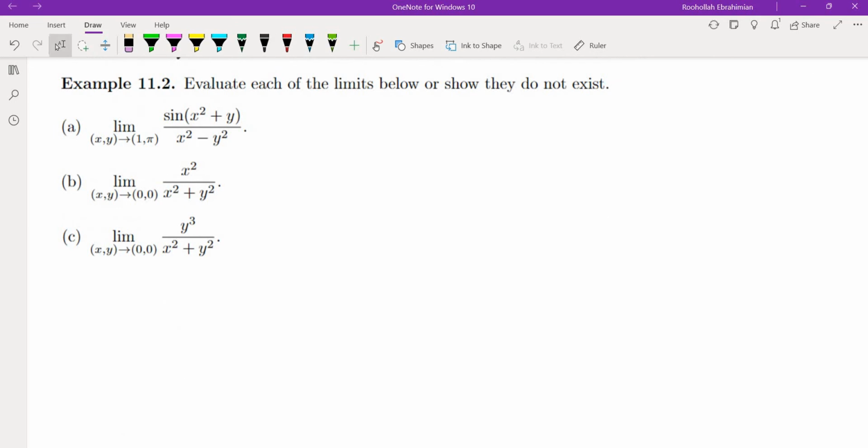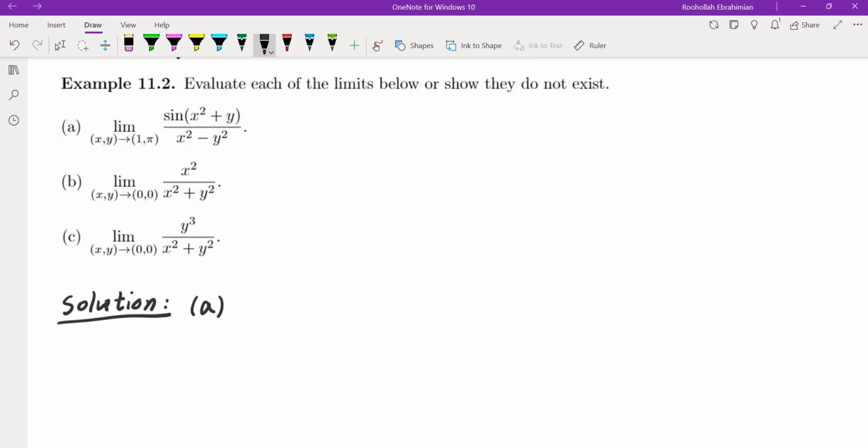Okay, to see how we can evaluate limits, let's do a few examples. And that's basically what we're going to do for the rest of this lecture. We're going to talk about some examples on limits and then continuity. Evaluate each of the limits below or show they do not exist. So the first one is the limit of sine of x squared plus y over x squared minus y squared.